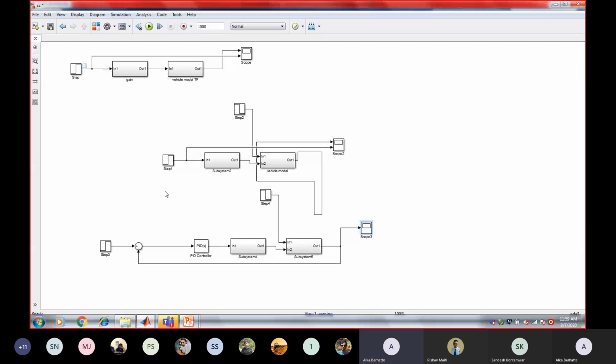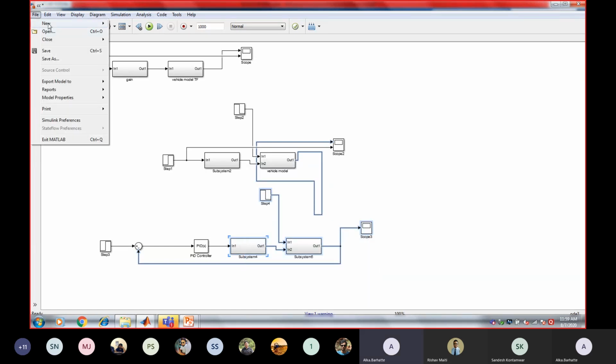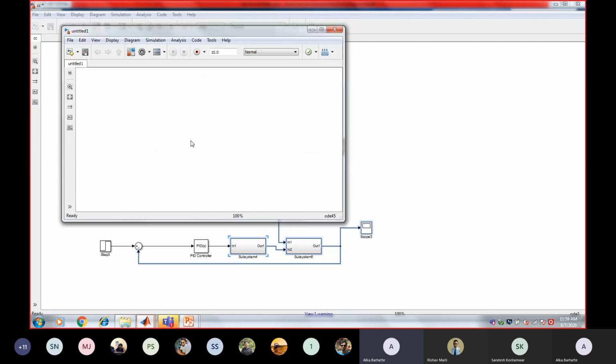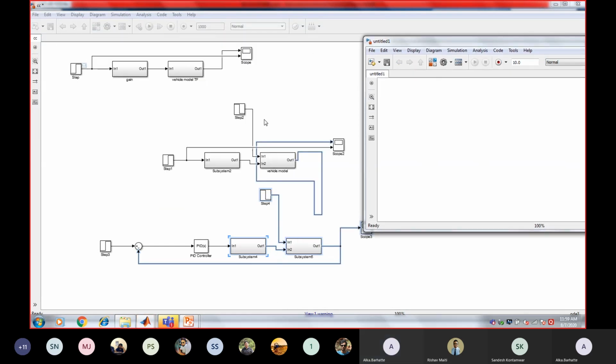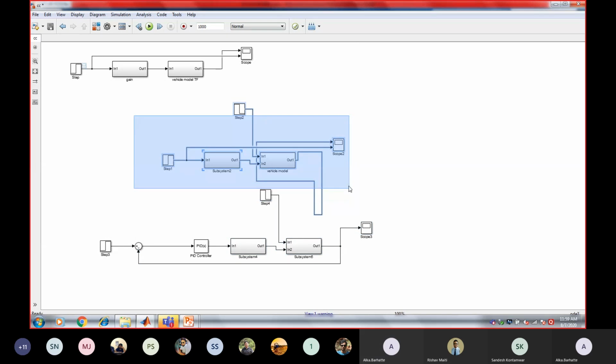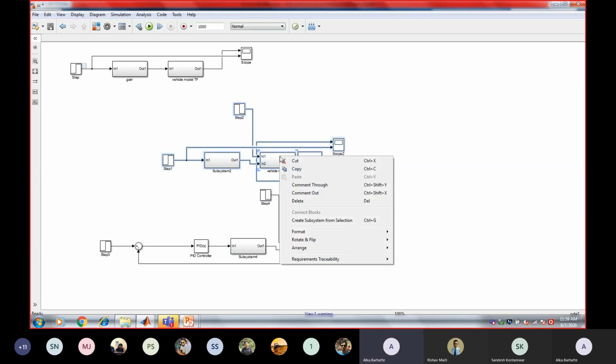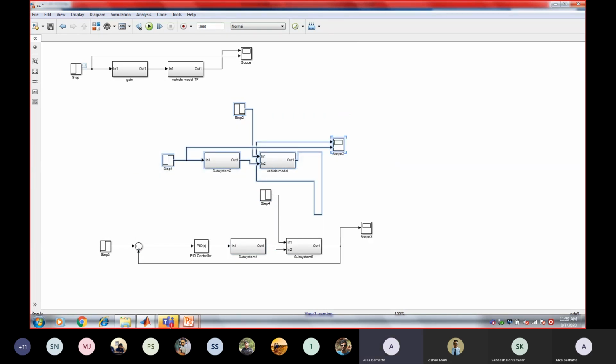Okay, I'll modify the upper one. I don't know what happened here. We will just modify this and we'll try to check. Or I'll create a new file, a new model, and in this I'll copy this model.